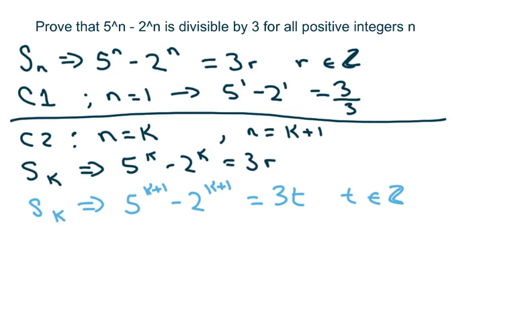Alright, and the first thing I'm going to do is subtract to make it easier, this from both sides. So I'm just going to rewrite this as 5 to the k plus 1 minus 2 to the k plus 1 equals 3t.